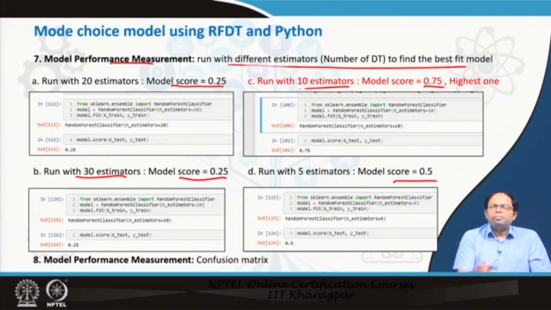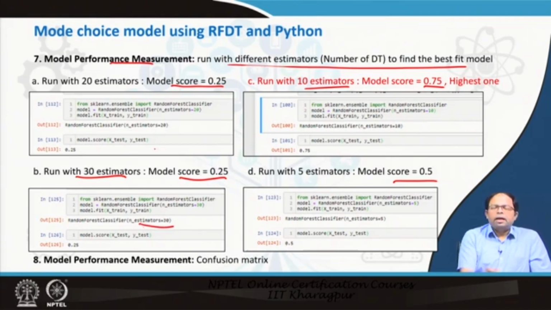So this seems to be the best number of estimators for this particular data set, though of course we have a very limited data set. If we have more data, you will see that usually when we increase the number of estimators, the results improve. But if we have too many, it may not improve much, or it may even degrade.